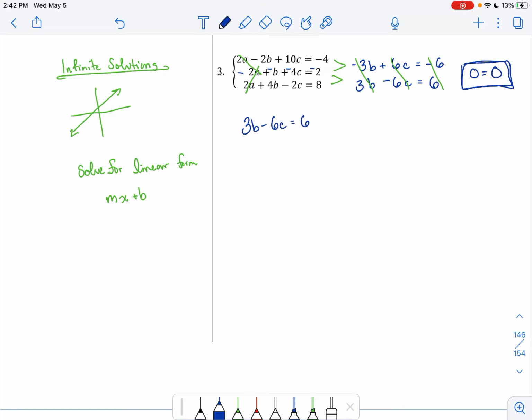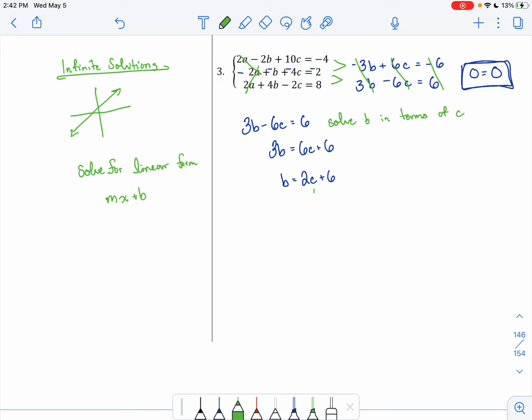I think given this, it's easiest to solve for b in terms of c. So ask yourself what's easier. And in this case, I'm going to solve for b in terms of c. So that means add 6c to both sides. So 3b is equal to 6c plus 6, meaning that b is equal to 2c plus 6.